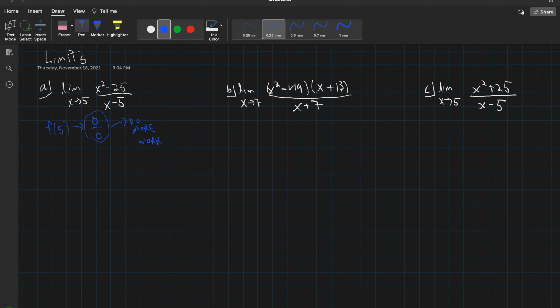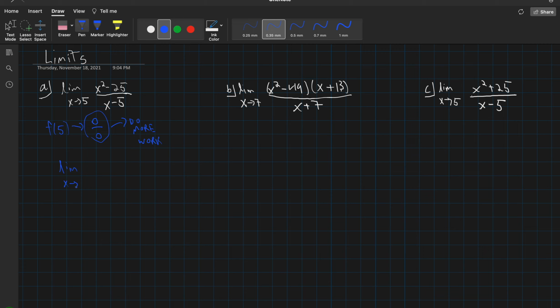So this is really telling us that our limit can actually be anything. We don't have enough information quite yet. So let's continue on. So we're going to tackle this problem algebraically.